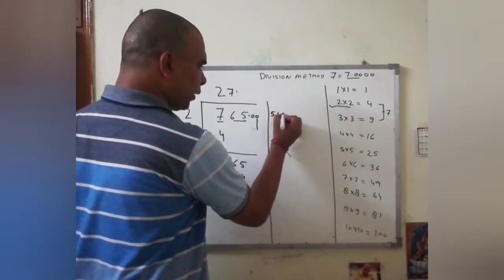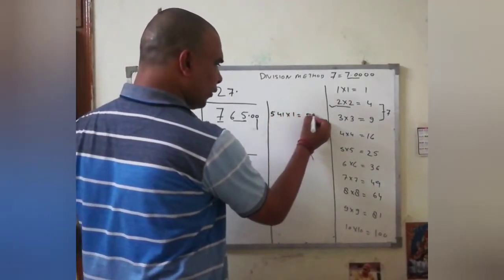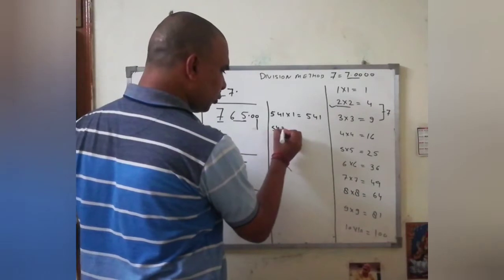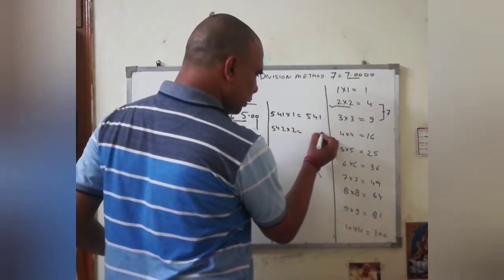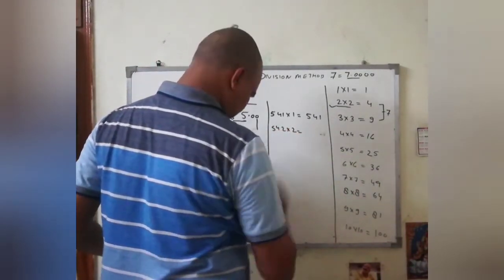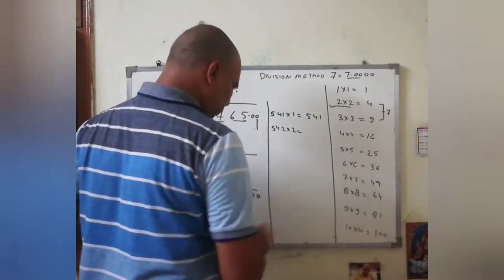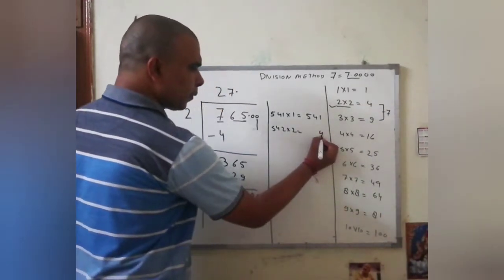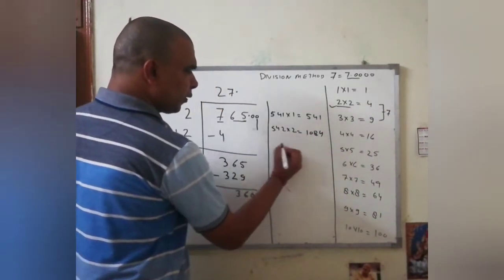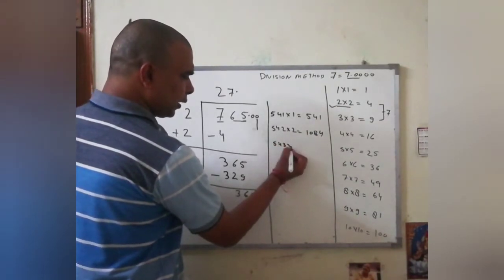54 into 1 into 1, 541. 542 into 2, it's 4, 8, 1084. 543 into 3.